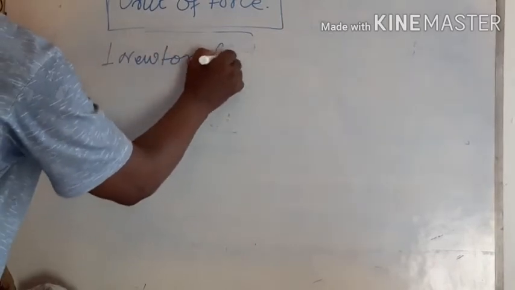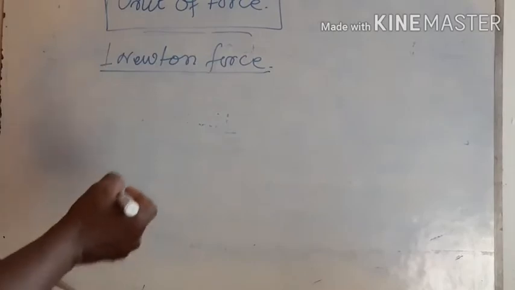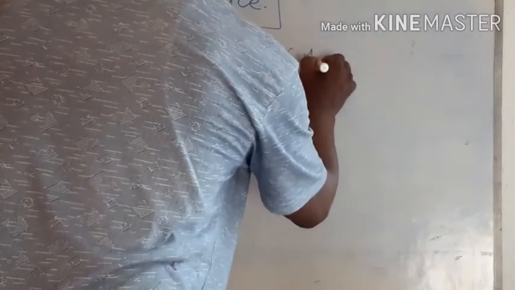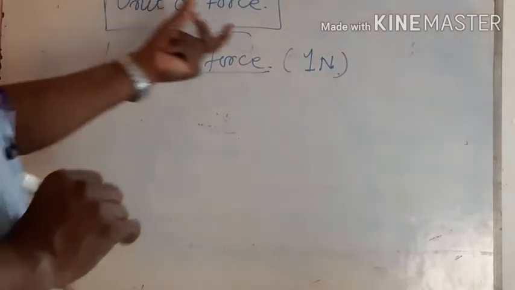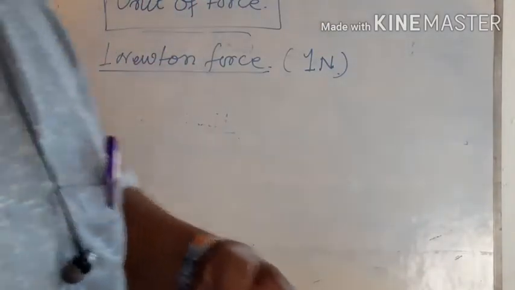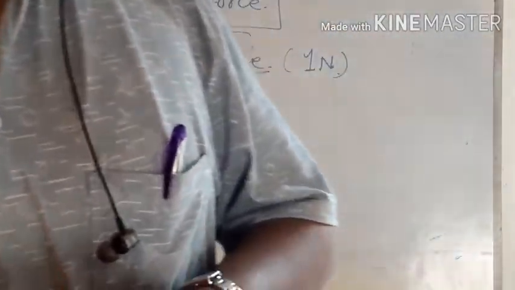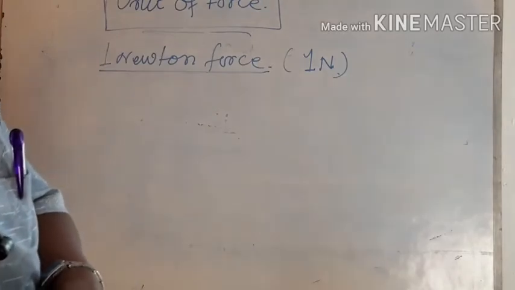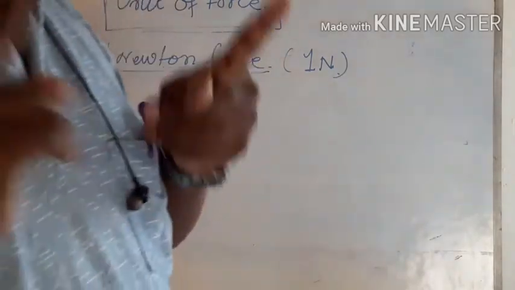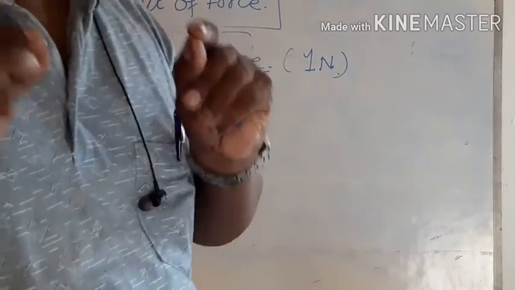Newton force. What is 1 Newton force? Just now I have defined that. That is 1 Newton. Just now we have defined one unit force. Unit is a general definition, centimeter per second square. I just told you 1 unit mass and 1 meter per second square acceleration.